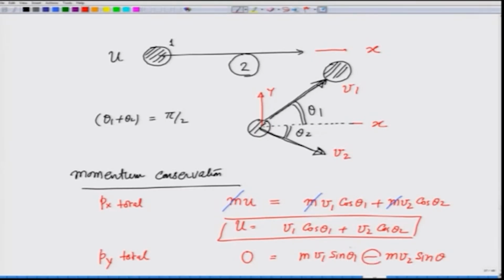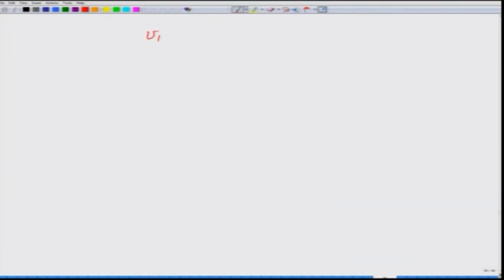I put a minus sign here, already anticipating that the y components are in the opposite direction. If you put plus, finally you will get v1 equal to minus some v2, so that does not really matter. And this equation gives me v1 sin theta 1 minus v2 sin theta 2 equals 0. That is equation number 2.